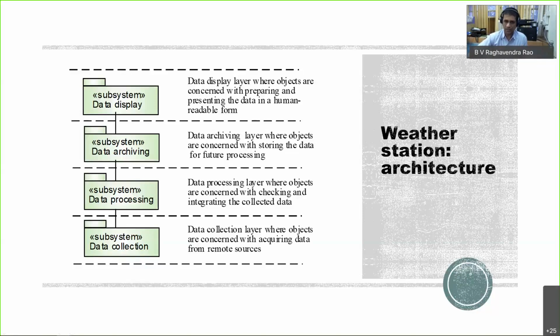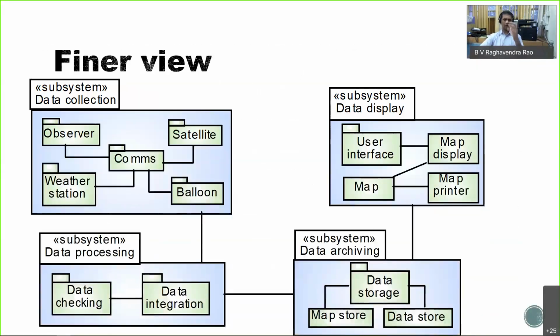The sources are the devices that are to be installed. Yeah, the finer view will be this. The data collection is from different sources, which could be a balloon, a weather station, a satellite, or other observatories.